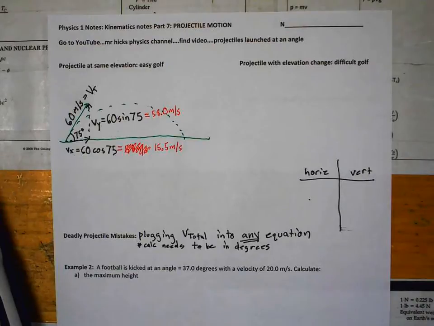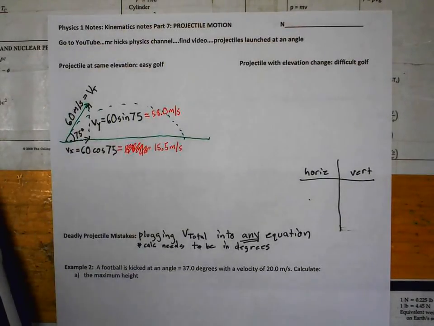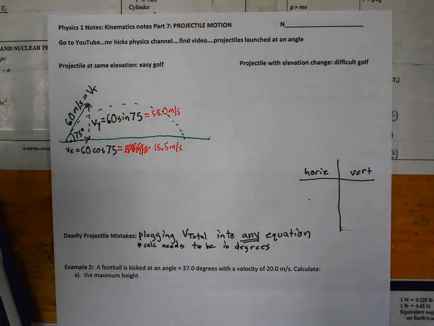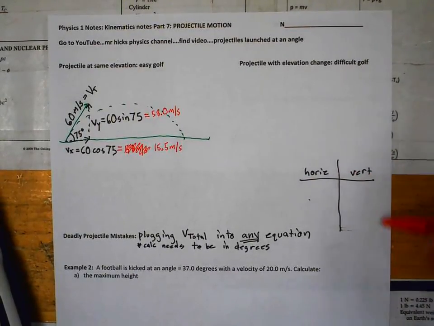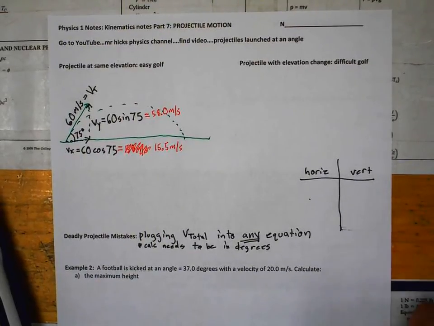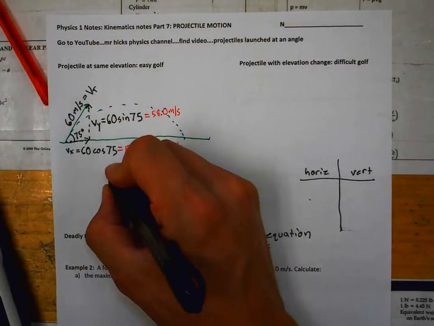All right, now from here, this is pretty much exactly like any problem we've already done. We have now broke this into horizontal and vertical. So we can solve for unknown quantities that we want. All right, so let's make another one of these charts right here.